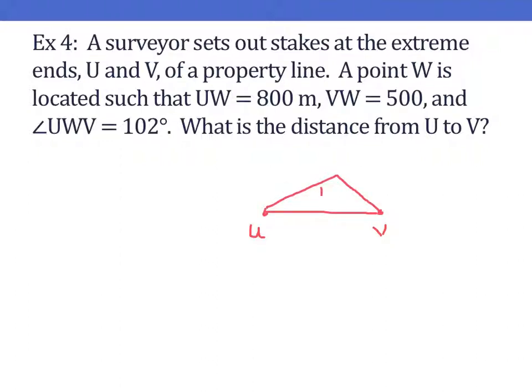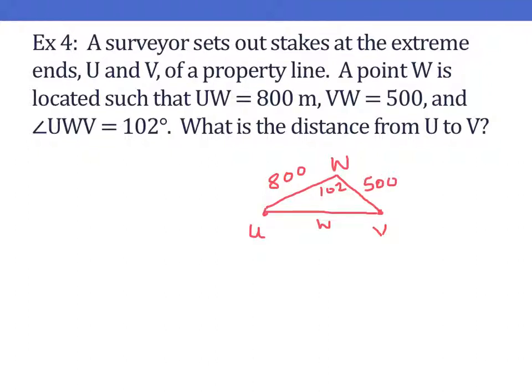And that looks to be around 102 degrees. And so that makes that angle W, which means the opposite side, right here, that opposite side we're going to label as little w. And let's put in our side lengths.